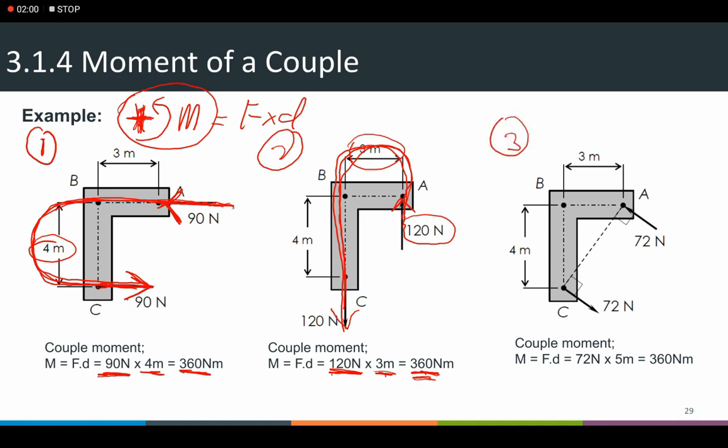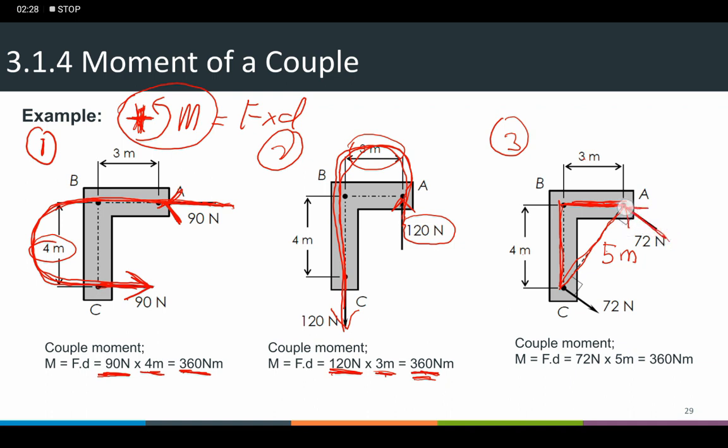Example 3. This is a triangle. Distance A and B is 3. Distance B and C is 4. So, here you can get the 5 meter. 3, 4, 5 meter. Look at this direction.